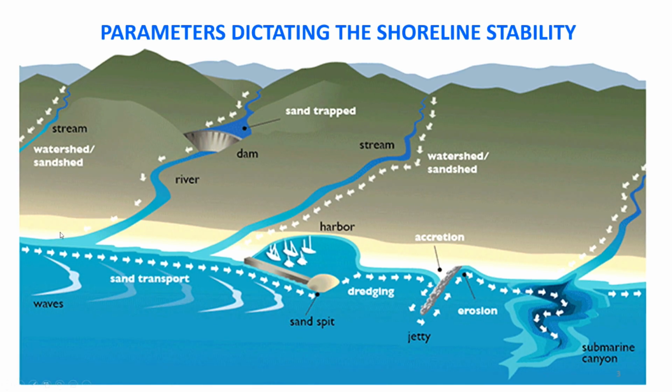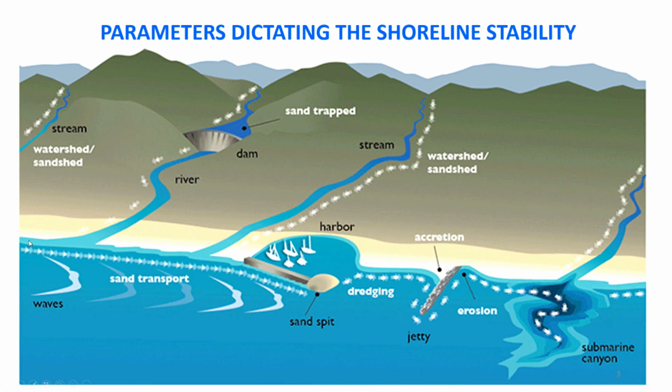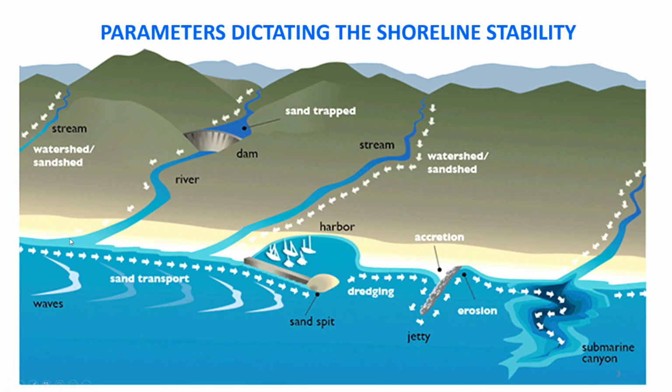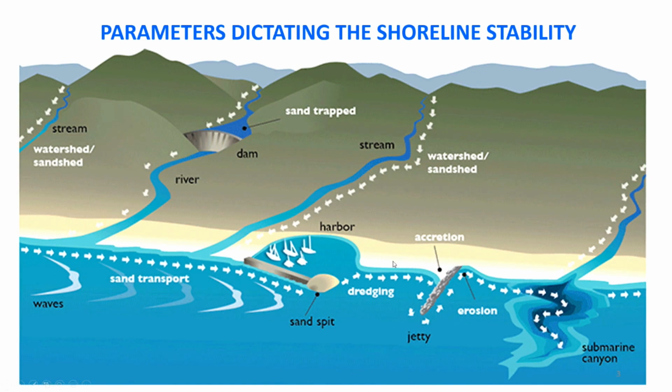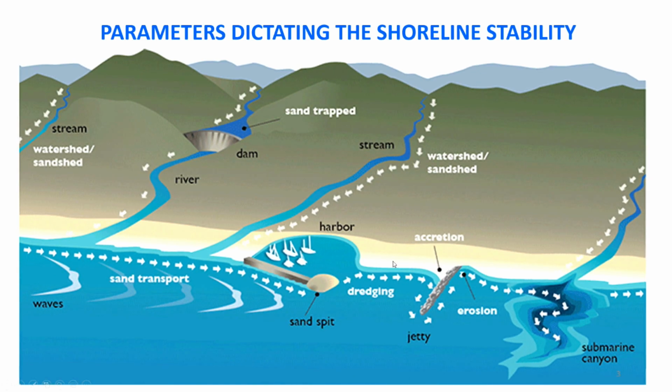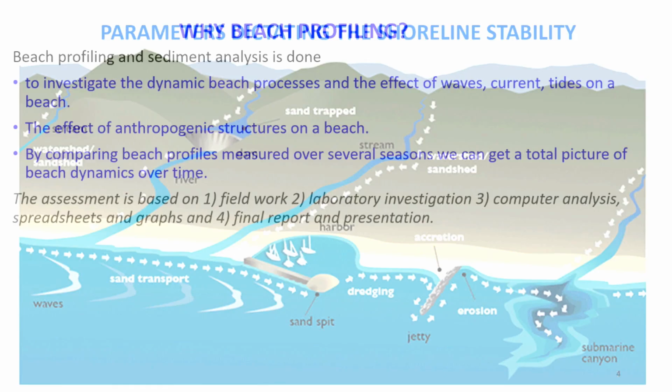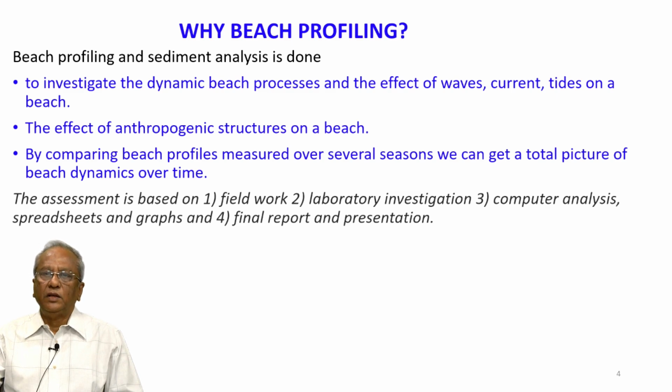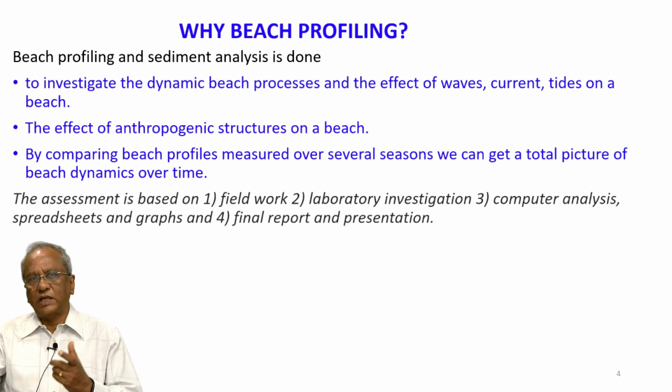We need to look at the beach changes, the shoreline oscillation, how the shoreline is behaving, and what are the types of sand material, what is its size, etc. So this is very important.